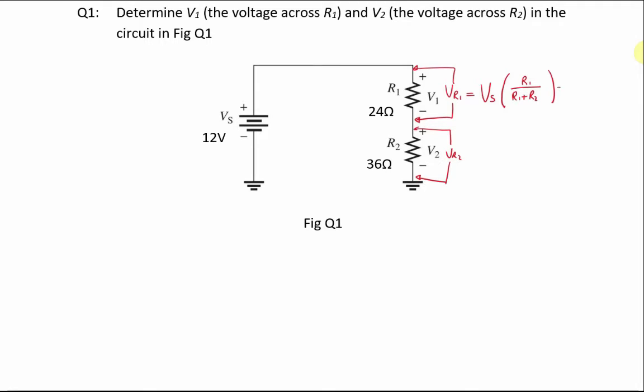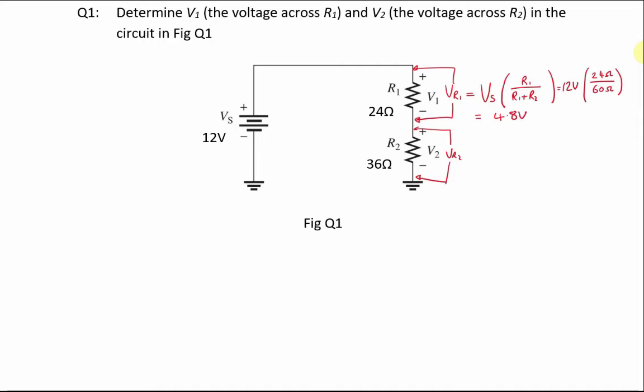So we can plug in those values and you get 12 volts times 24 ohms divided by R1 plus R2, which gives you 60 ohms. When you plug those values into your calculator, you'll get a VR1 of 4.8 volts.